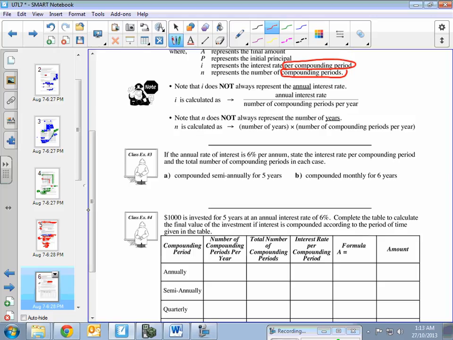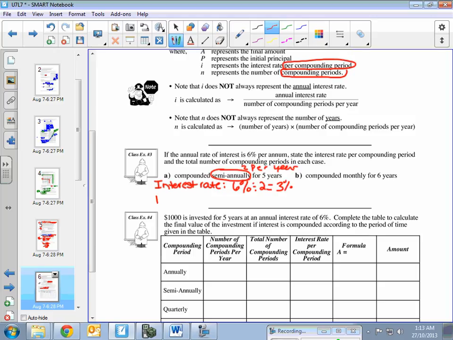So if I have 6% per annum originally, and I'm compounding semi-annually for 5 years, my interest rate is going to be 6% divided by 2, because if it's semi-annually, it'll be 2 per year. So 6% divided by 2 is just 3%.